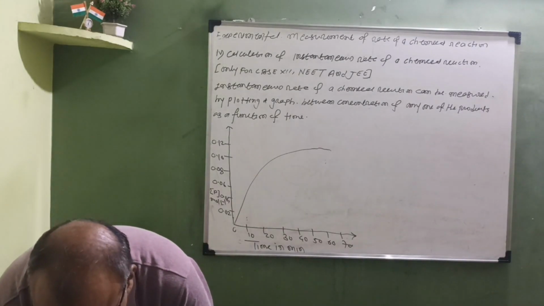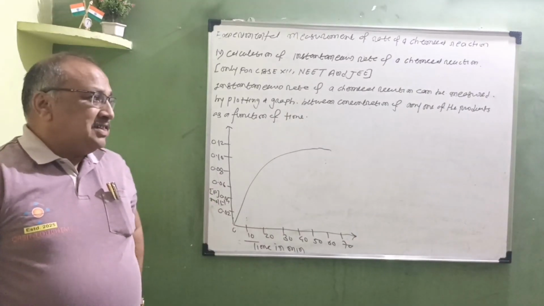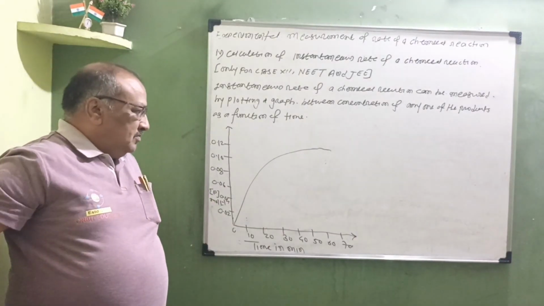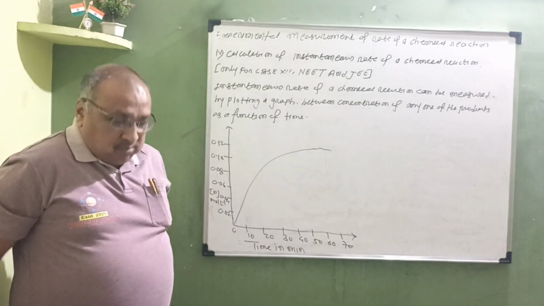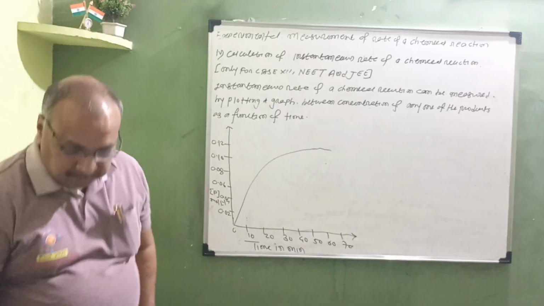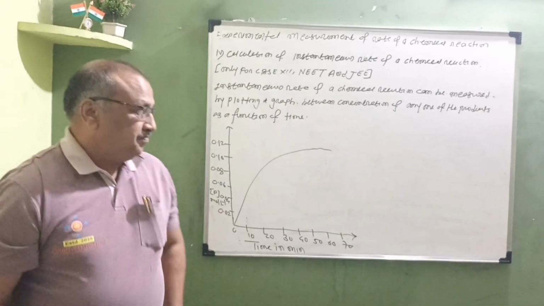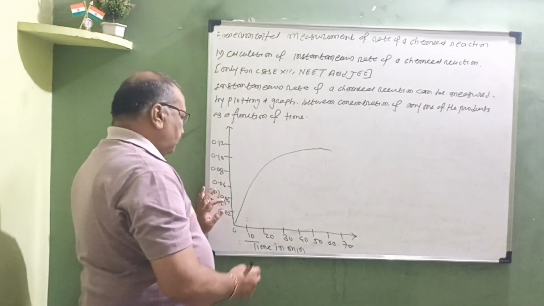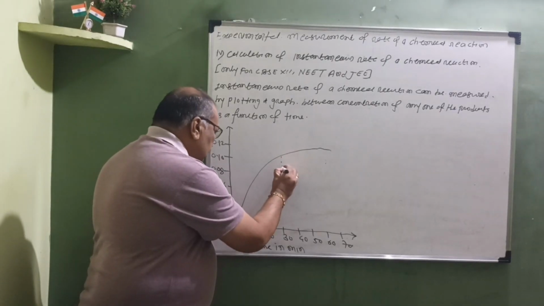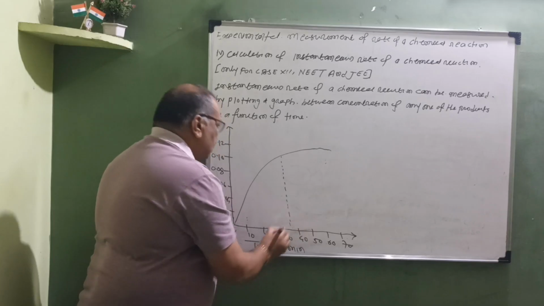That means you have to draw the tangent to this graph at time, suppose, 35.